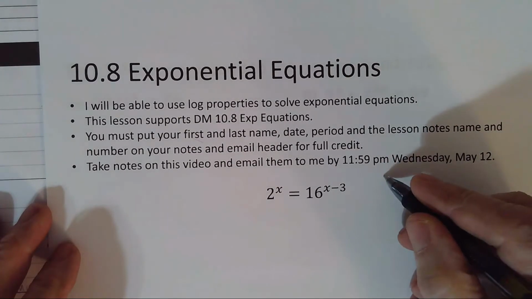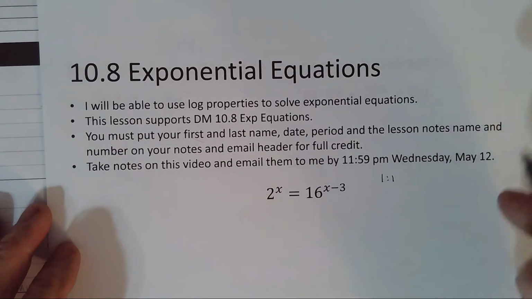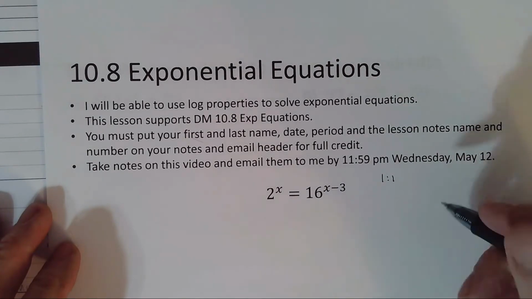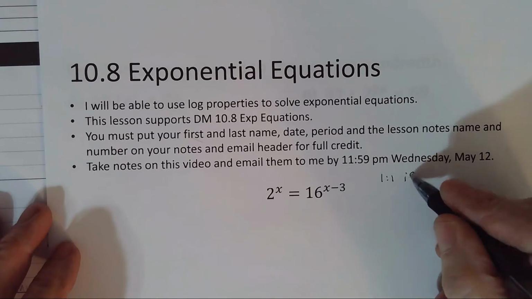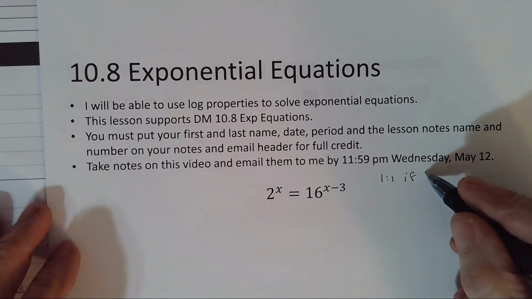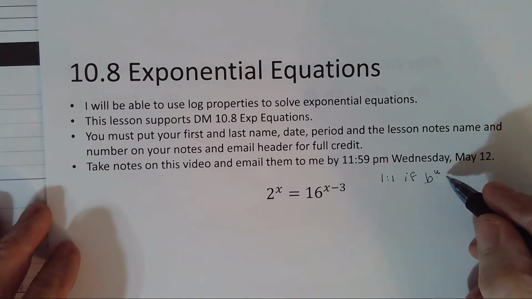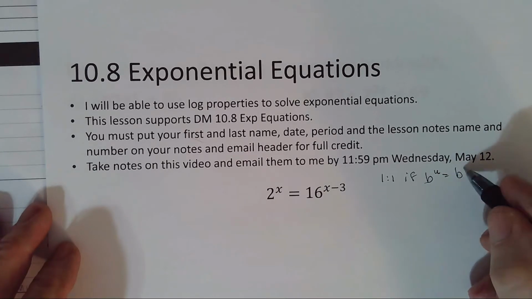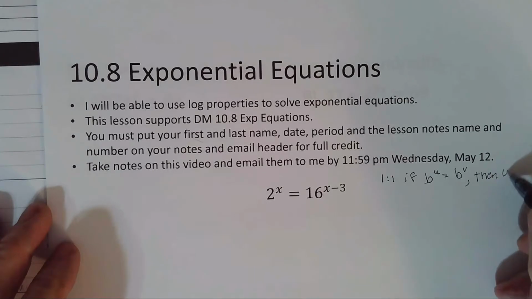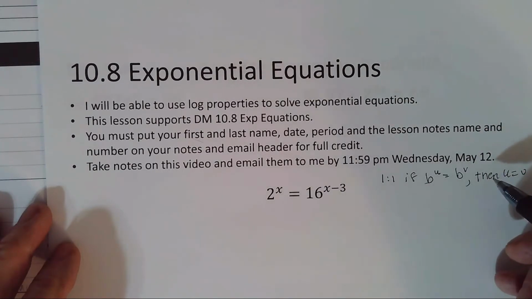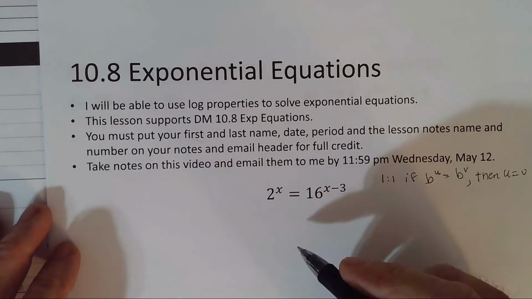Remember, we had the one-to-one video and lesson, and it says if b to the u equals b to the v, then the exponents u equals v. So you get the bases the same and you're in good shape. So let's just do this.